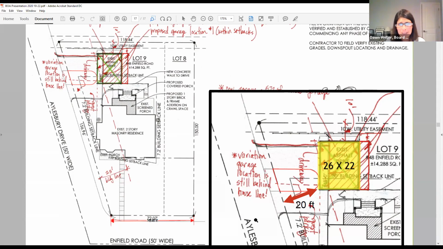Is that what this is? That is correct. The original lots that were platted, they own one full lot, lot 9, and part of lot 8. So it's looked at as one parcel, but based on the original legal description, and this is common in Chevy Chase, where the property lines have shifted. And is that all green space, that lot 8? Yes.